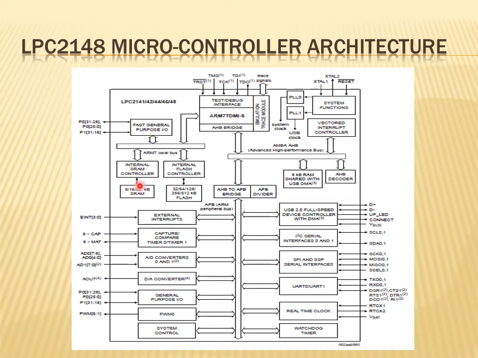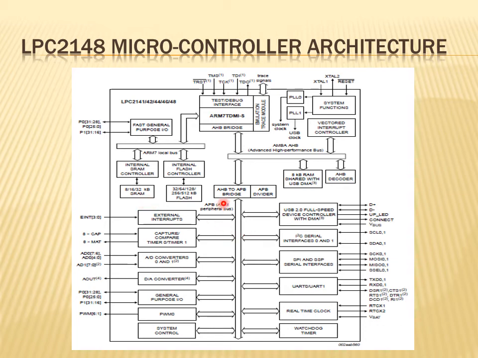Then there is an internal SRAM controller and a flash controller, so flash memory is there, and there is static RAM, as shown in the earlier slide, where the program is actually residing.